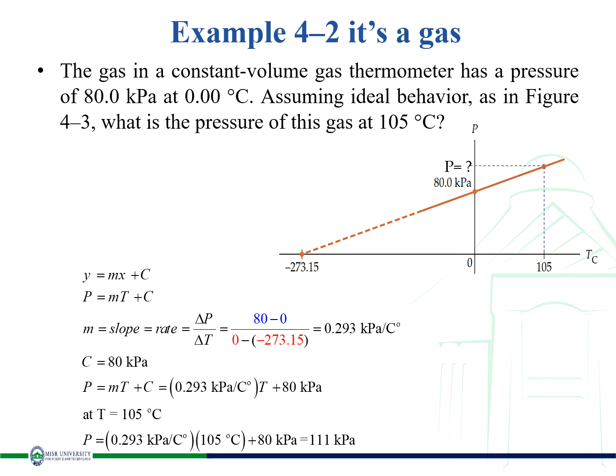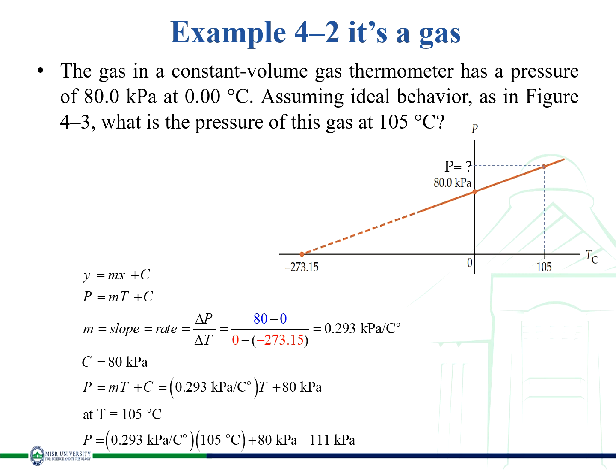This linear relationship can be expressed as P equals m T plus c, where m is the slope and c is the y-intercept. We know one point, at T equals 0 degrees Celsius, P equals 80 kilopascals. We also know that for an ideal gas, pressure approaches 0 at absolute zero, which is minus 273.15 degrees Celsius.